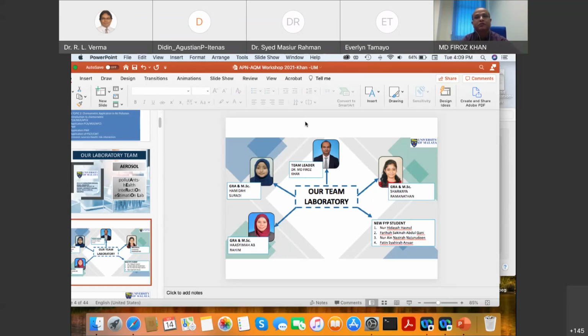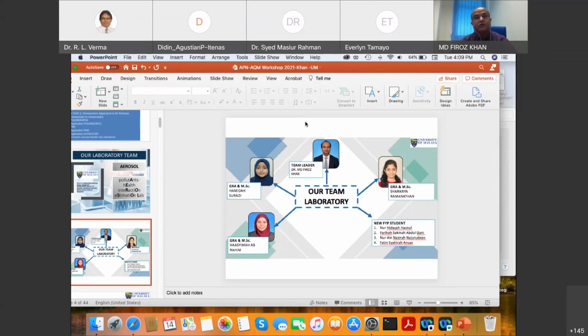We are moving forward so that we can generate some data, and those data can help our regulatory body here. I believe that many of the participants here work with the Department of Environment, Department of Meteorology. I can see many of my colleagues attending here.